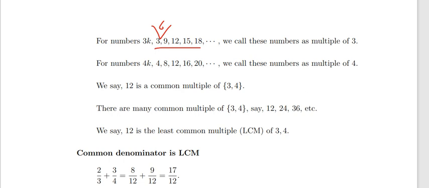And for 4, multiplied by 1, multiplied by 2, multiplied by 3, so we have those. So we call those numbers multiples of 4. So we find 12 is a common multiple. 12 is a multiple of 3 and also a multiple of 4. So we call it a common multiple.